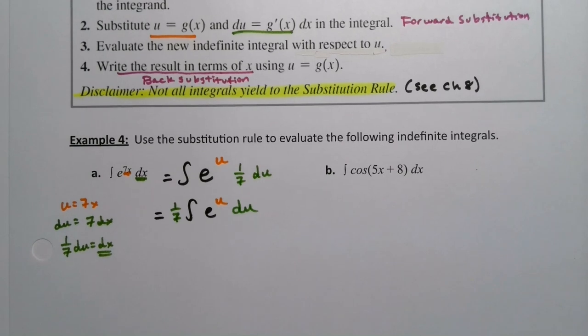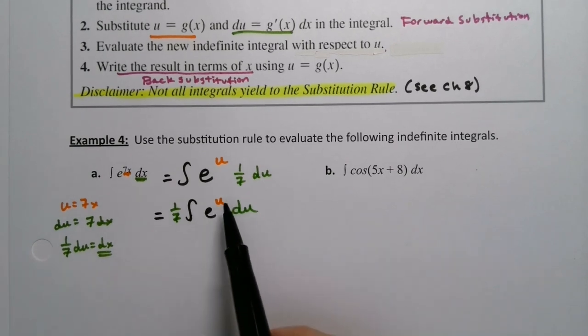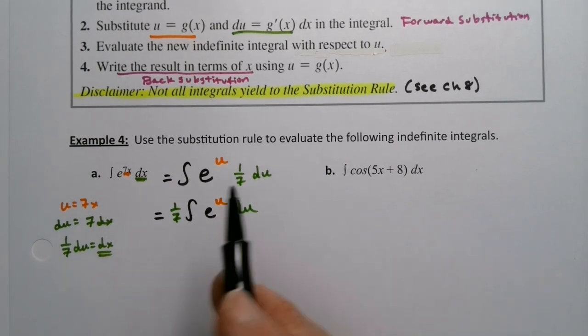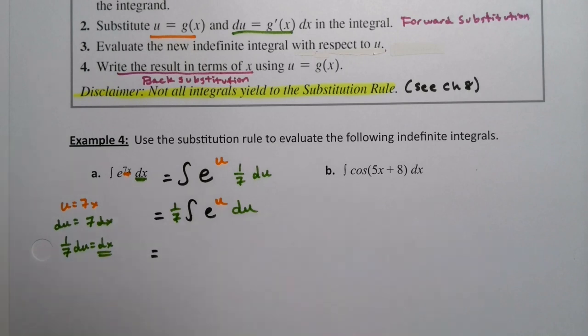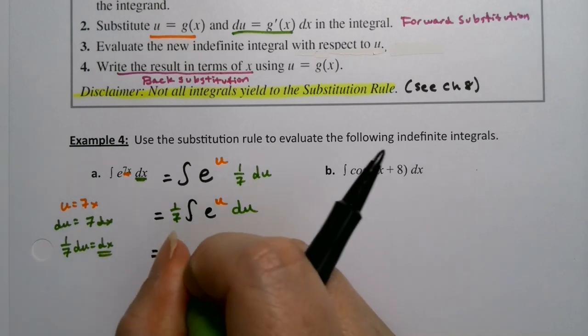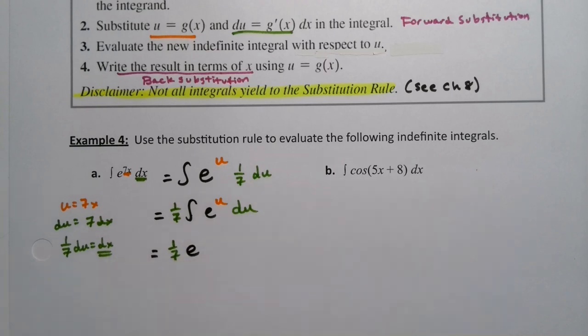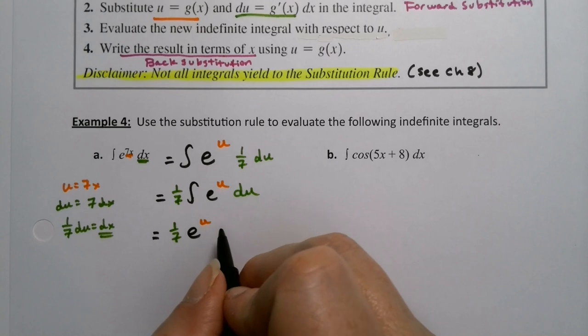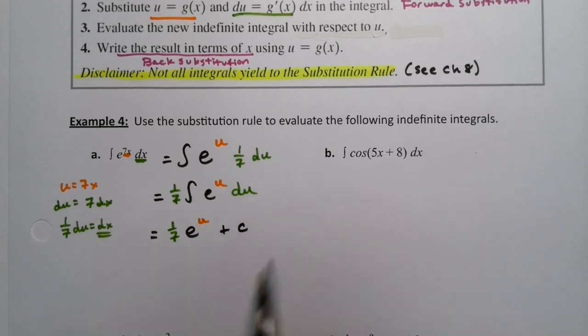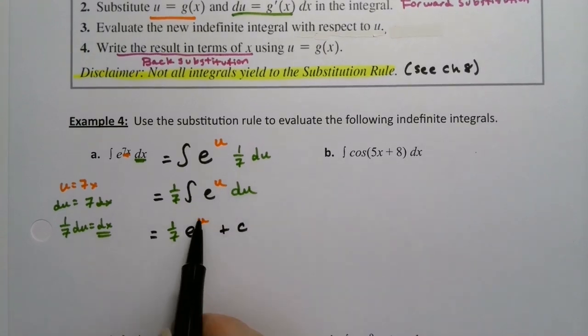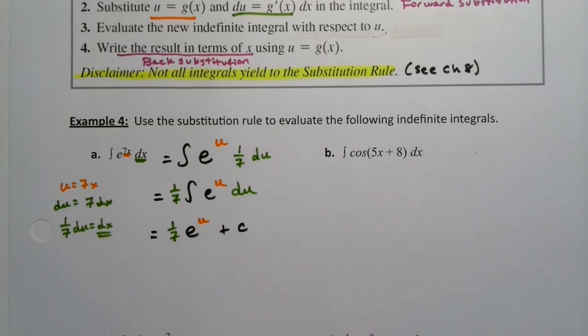And then the integral of e to the something is e to the something, right? E to the x is e to the x and so on. So this would be 1/7 e to the u. Everybody loves the integral and derivative of e to the u because it's always e to the u times the inner part. All right, so 1/7 e to the u plus c. There's my constant of integration.